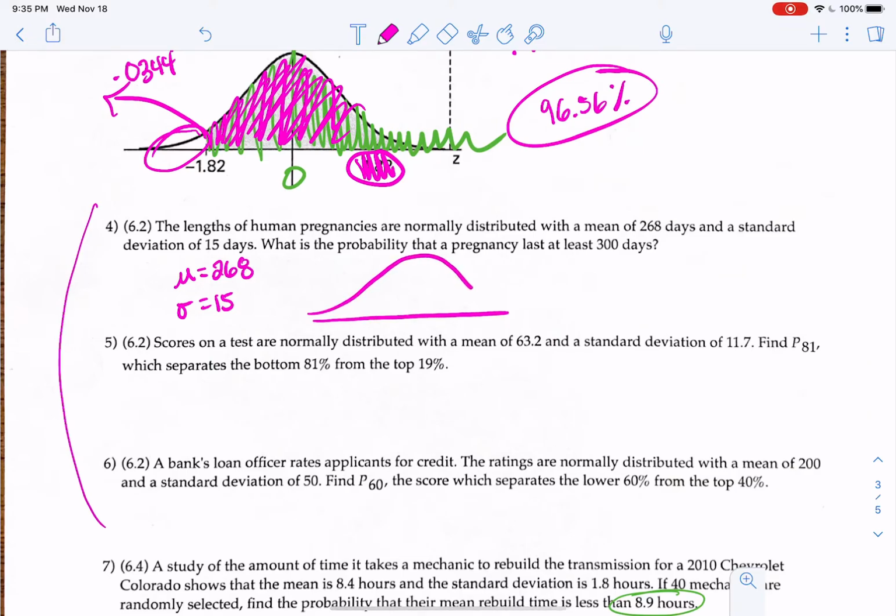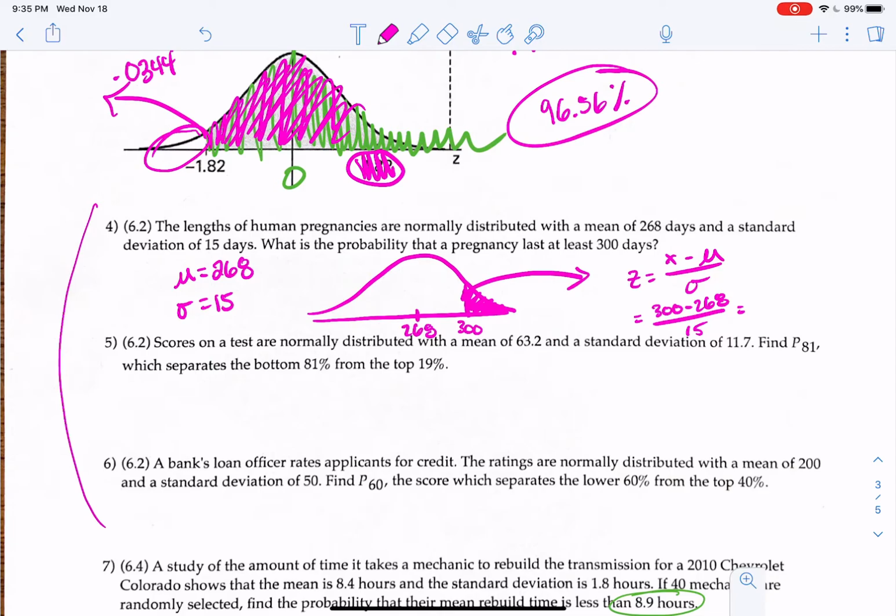At least 300 days. Okay, so average is 268. At least 300 days means 300 days or more. So I'm looking for this area inside of here. And all we need to do is convert to a z-score. So z is x minus mu divided by the standard deviation. 300 minus 268 divided by 15.